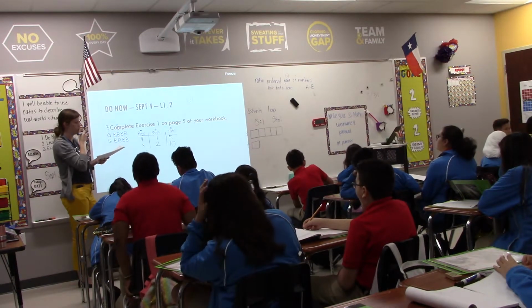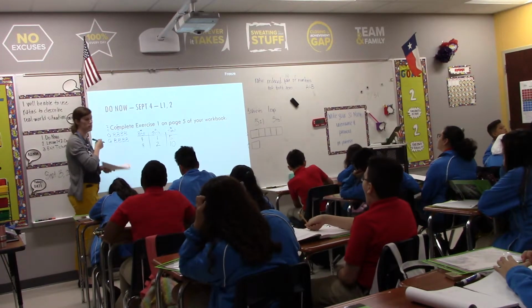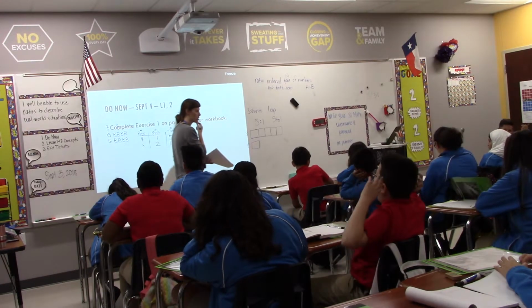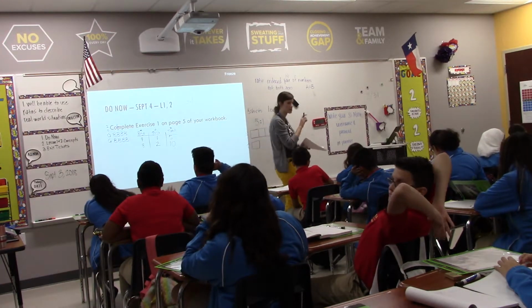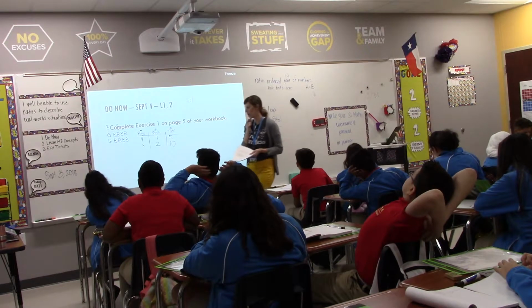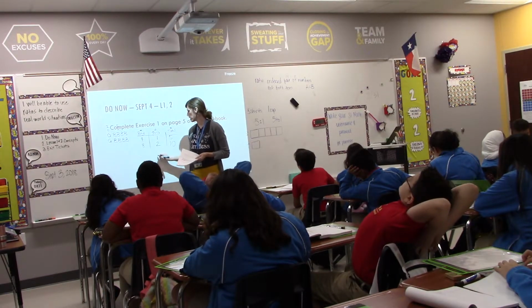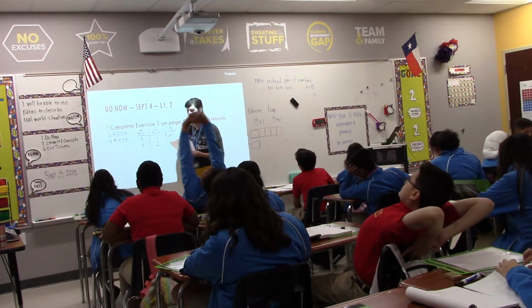So, fill in the next line on your own. At your level, fill in the next row of your table on your own. So another number here, here, and here.